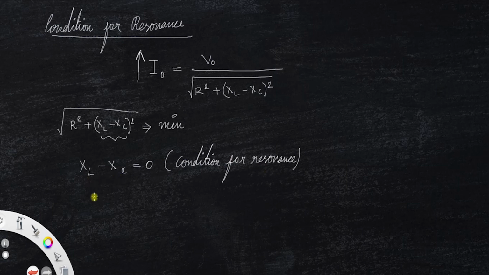And we can solve this, that is XL equal to XC. When the inductive reactance becomes equal to the capacitive reactance, the current in the circuit will be maximum.